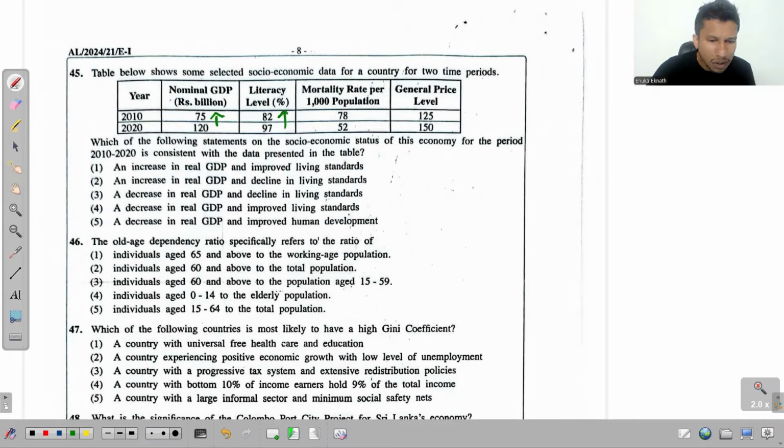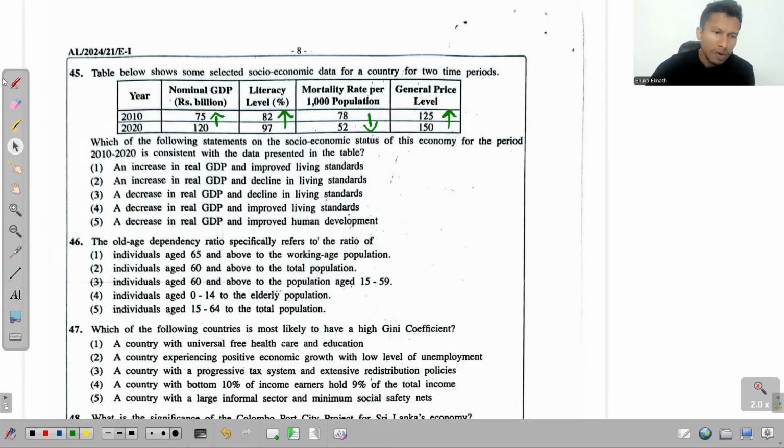Literacy has also increased. Mortality rate has decreased, and that's something really good. General price level has again increased. So these are the changes that have happened. And then, which of the following statements on the socio-economic status of this economy for the period 2010 to 2020 is consistent with the data presented in the table?